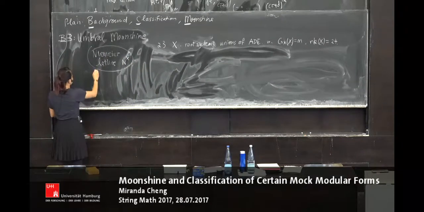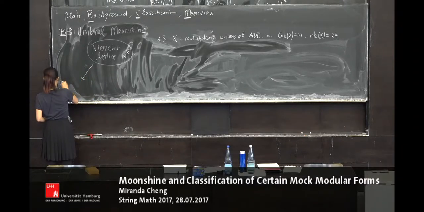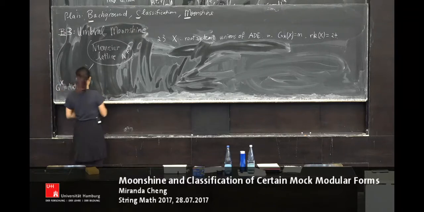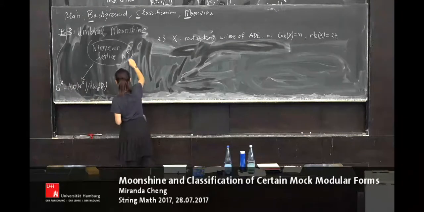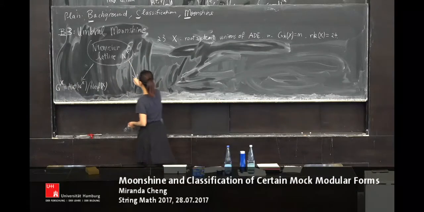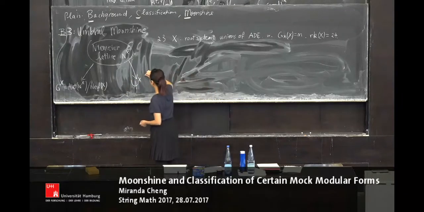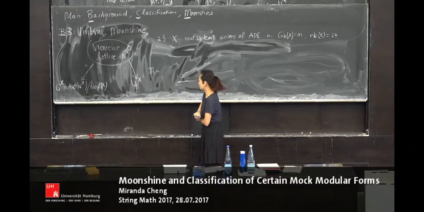So the construction of Moonshine is to take this lattice, and on the one hand, you can define a finite group by taking the automorphism group of the lattice. Strictly speaking, you take the interesting part, namely you mod out by the Weyl group of X. On the other hand, you can write down a mock Jacobi form of weight 1 and index m.